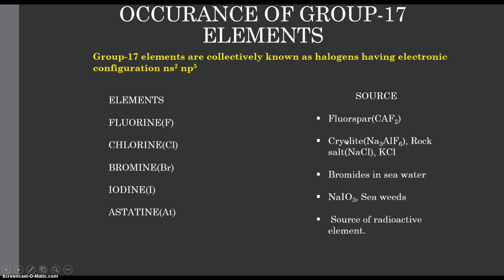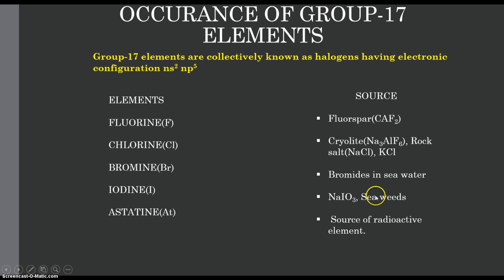These are the main sources of chlorine. Bromine is mainly found in bromides present in seawater. Iodine is mainly found in sodium iodate NaIO3 and seaweeds. In the seaweeds also we could find iodine.